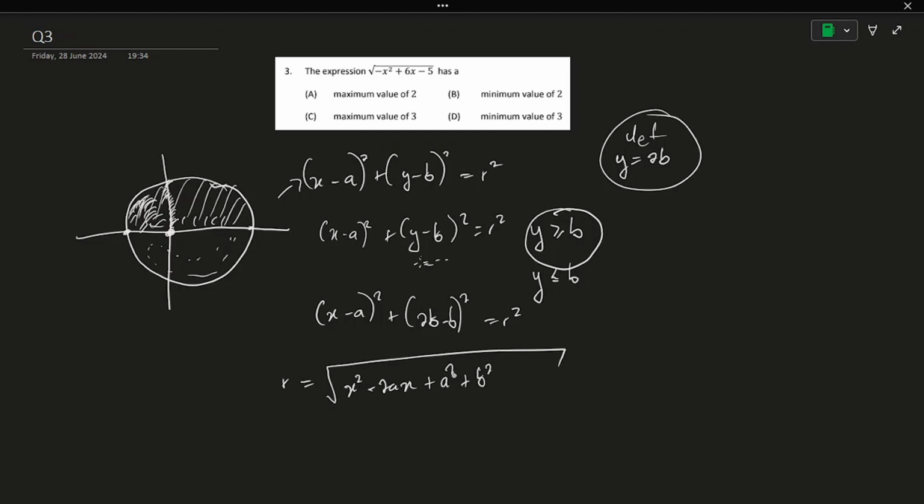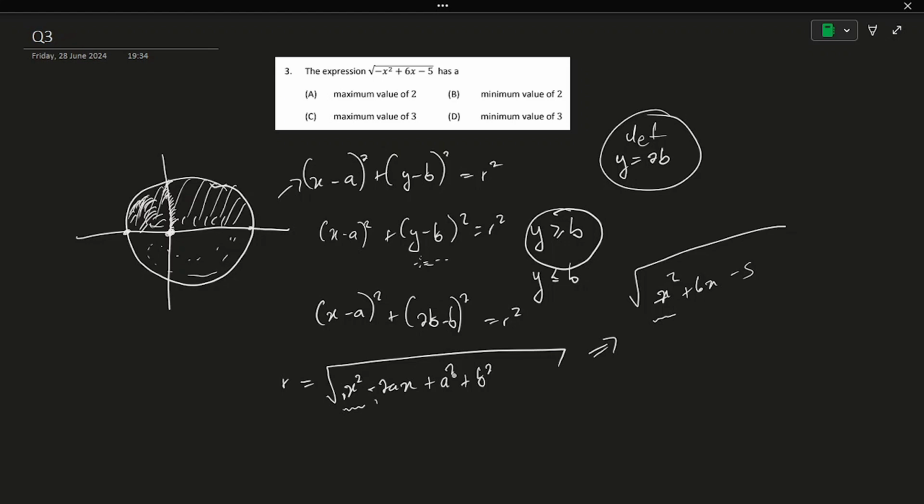Now look at how similar this is. Don't forget that we took a random 2b, so I'm just trying to show you that this is actually a resemblance of this. Now look at what we have here. We have negative x squared plus 6x minus 5. You see this part of the x squared, which has 1 here, is represented by this.